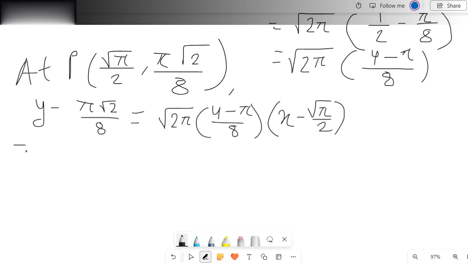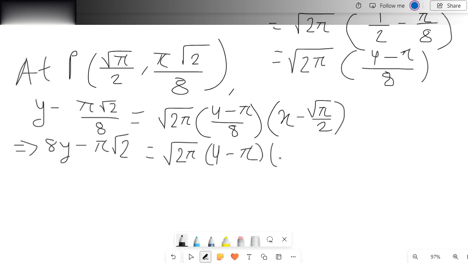So multiplying both sides with 8, we have 8y minus pi root 2 is equal to root 2 pi multiplied with 4 minus pi multiplied with x minus root pi by 2.